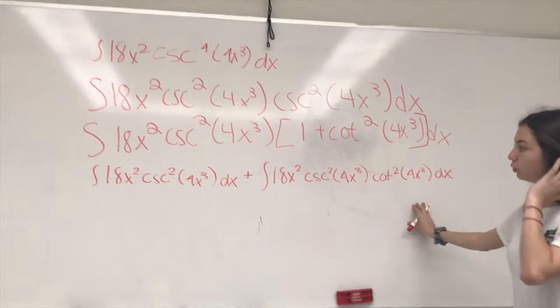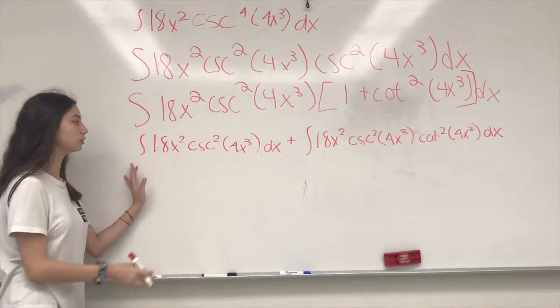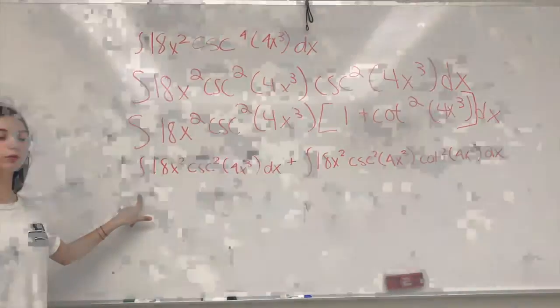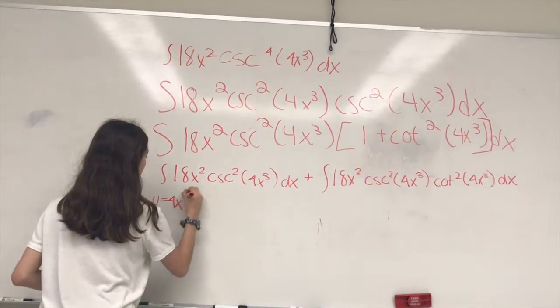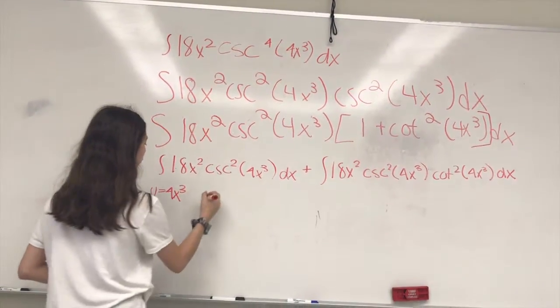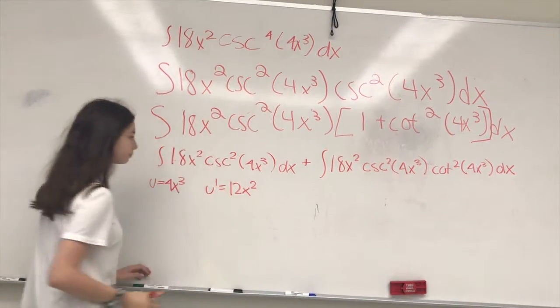The next thing we need to do is solve each integral by itself. So we need to get the u and u prime values for each one. For the first integration, the u will be 4x cubed, meaning this is your u, and your u prime will be 12x squared.